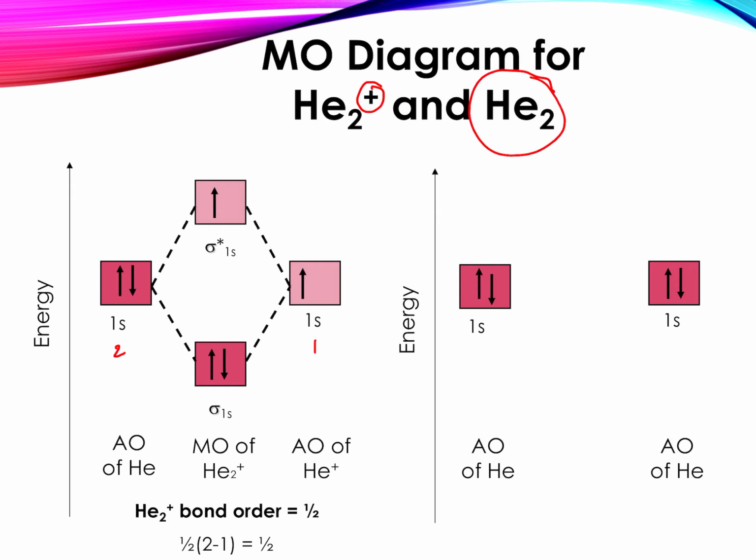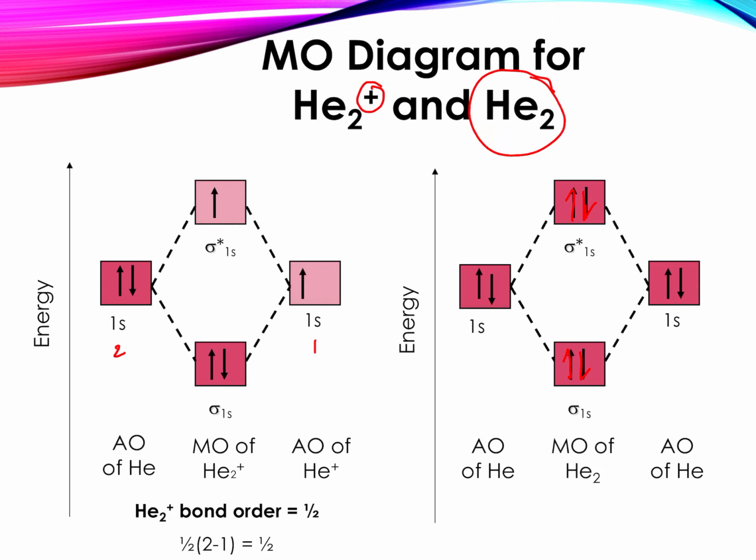Right, so we have 2 electrons in each of the 1s, and again, they're going to form these molecular orbitals. We have the sigma 1s and the sigma star 1s. We have 4 total electrons, so we go 1, 2, 3, 4. So we've put our 4 electrons in our molecular orbitals, and we see that we have a bond order of 0 because we have 2 in the bonding orbital, 2 in the sigma 1s, and 2 in the anti-bonding orbital, the sigma star 1s.